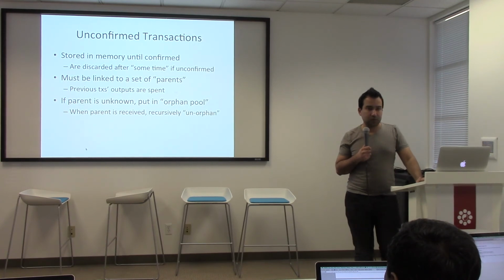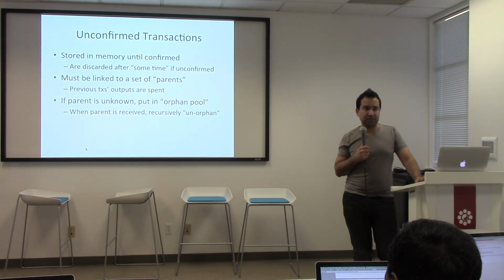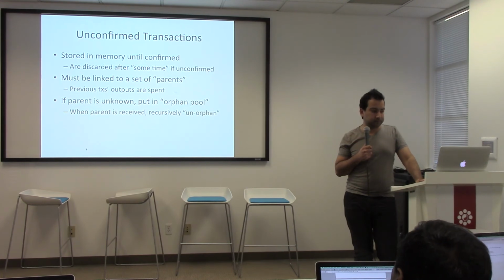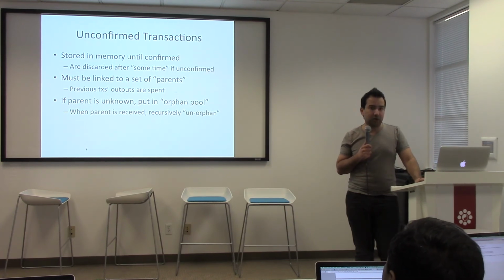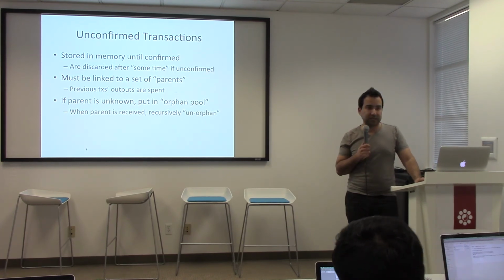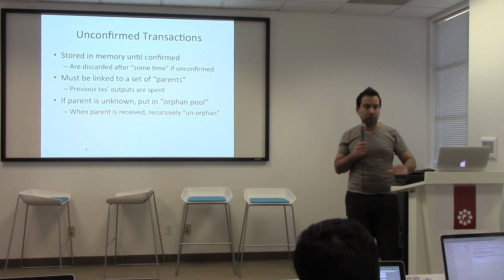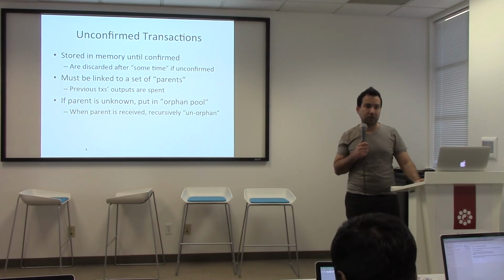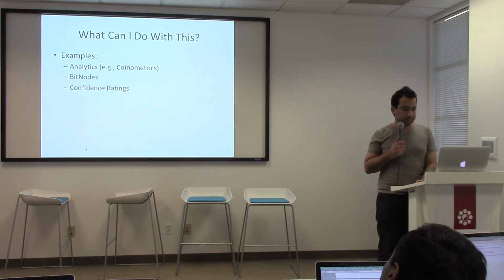So all the transactions that are affected by the new transaction that you just received are removed from the orphan pool as well. Pretty simple. And then in the future, a block will probably mine one of these transactions or most of these transactions, and you will remove them from the main pool, and you will write them on disk into your version of the blockchain, right? And you will tell other people about it, and so on.